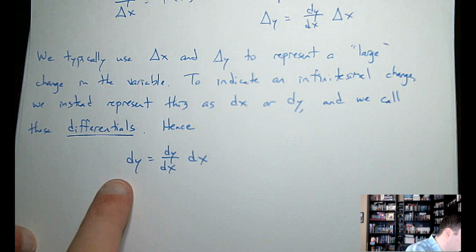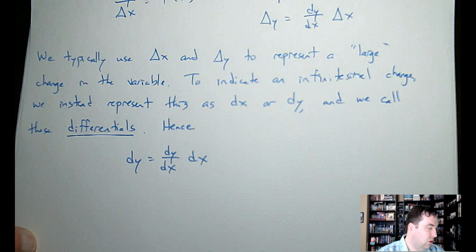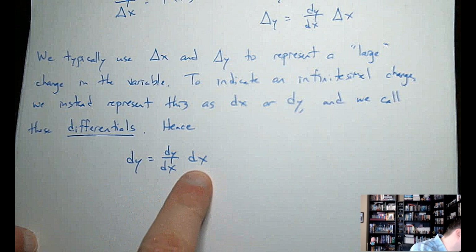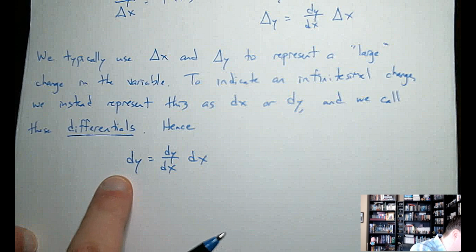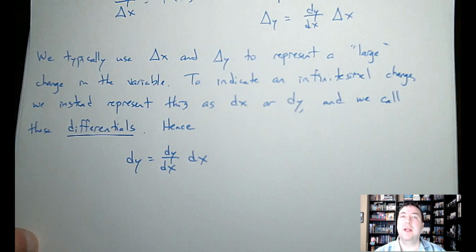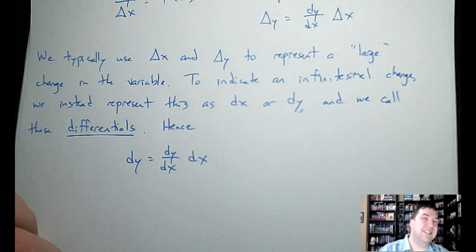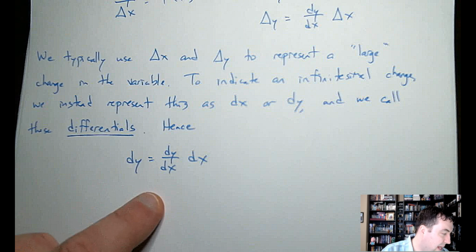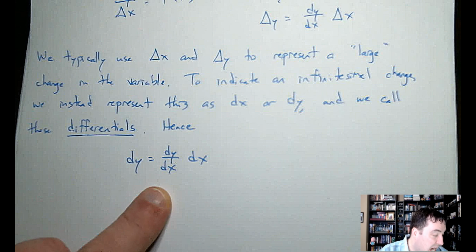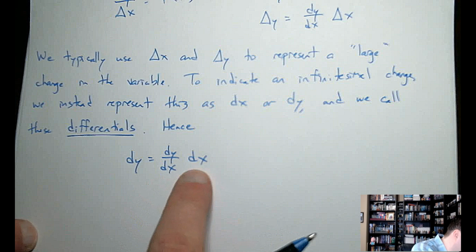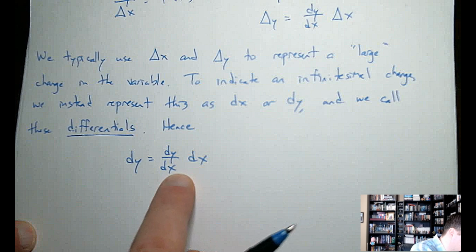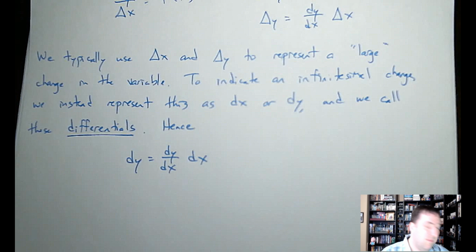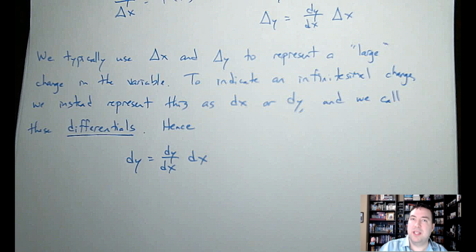But now that we've introduced the differentials, because we've got this relationship between two differentials and the corresponding derivative, it means that for all intents and purposes, we really can treat that Leibniz notation for the derivative as if it can be split apart, because this looks as if the dx's here are being canceled to give us the dy. That's not actually what's happening, but we can essentially interpret it as if it were.